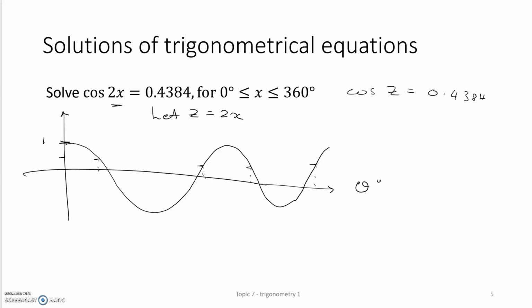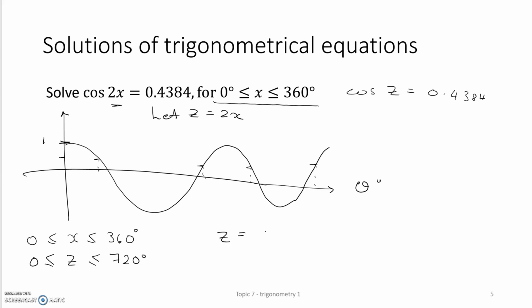Now here we've got 0 is less than or equal to x, which is less than or equal to 360, but we want to be able to say something about z. So it's still going to be 0 is less than or equal to z, but now z is 2x, so it would be 720.